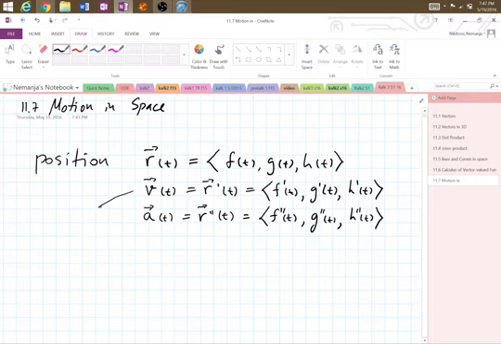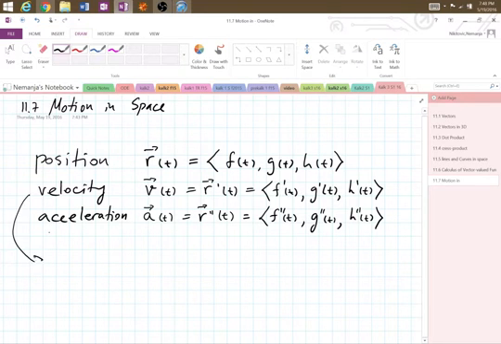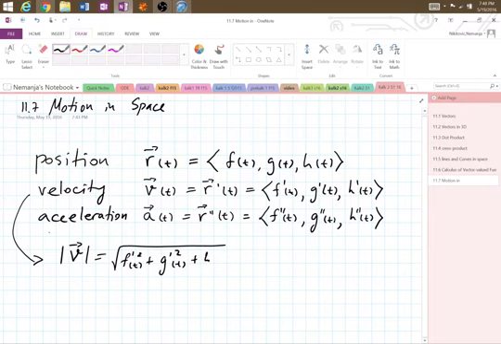And off of the velocity, the magnitude of velocity, which is going to be the square root of f prime squared of t plus g prime squared of t plus h prime squared of t, is going to be speed.